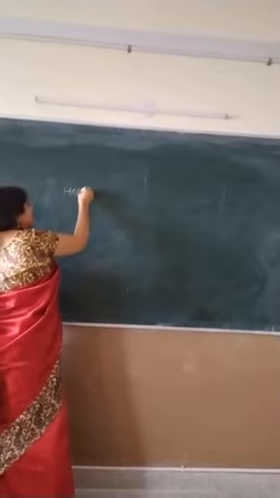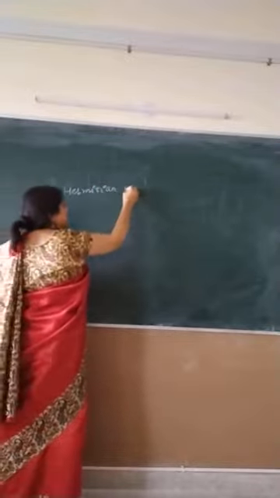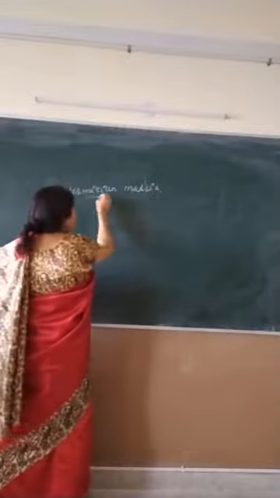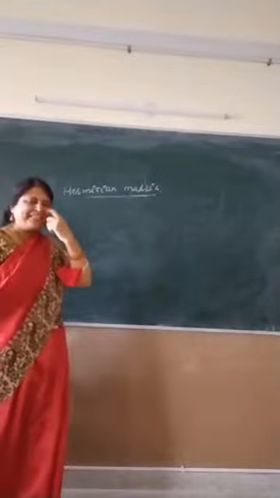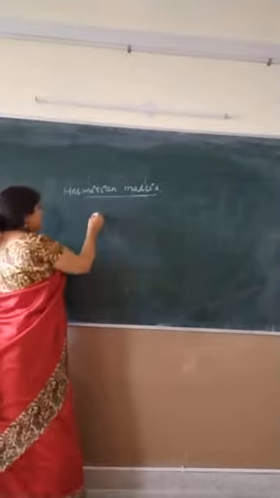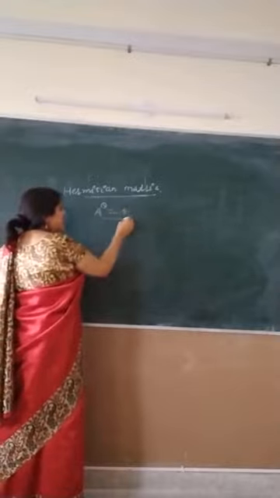Write down Hermitian matrix. A square matrix is said to be Hermitian matrix if conjugate transpose of a matrix is the matrix itself.